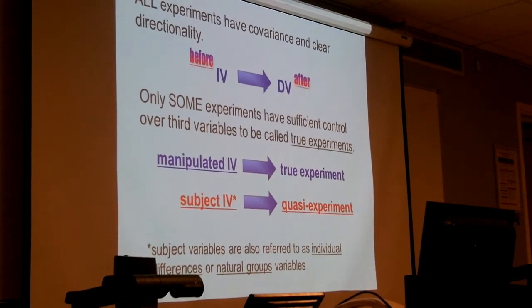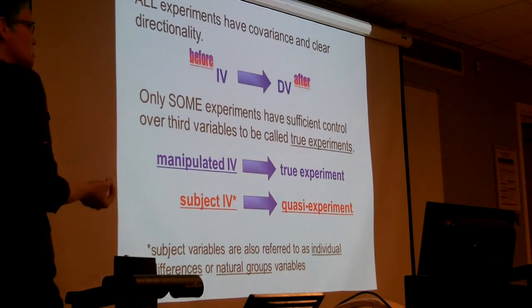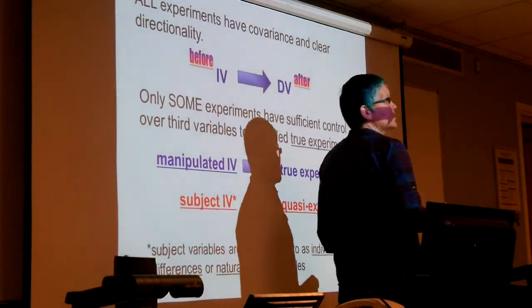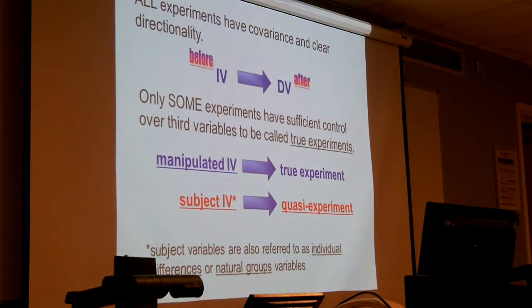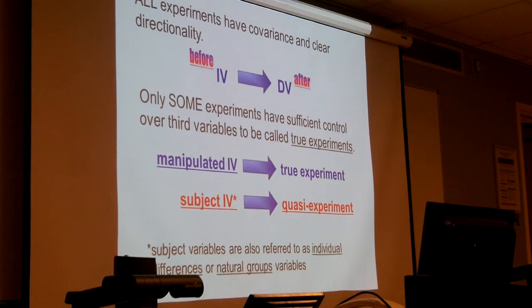But we don't actually have any experimental evidence from a true experiment that shows smoking cigarettes causes cancer in humans, because it would be unethical for us to take a group of subjects and randomly assign half of them to start smoking cigarettes, have them smoke for 10 years, or 20, or 30, or 40 years, and see what health problems they develop as a result of being randomly assigned to the smoking condition. We can't do that. So we have true experiments that have been done with animals that show that there's a causal relationship.